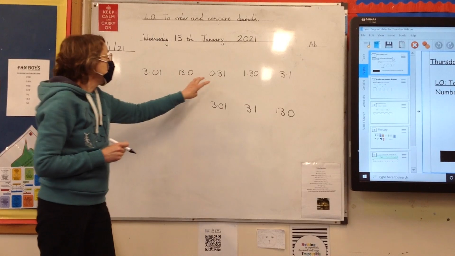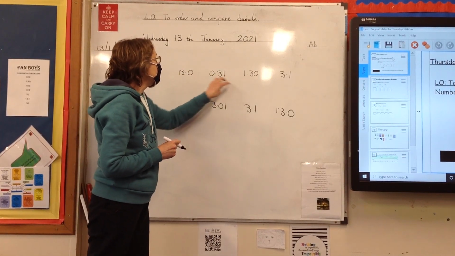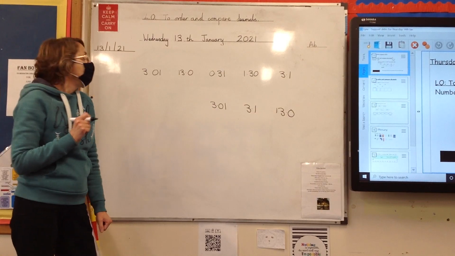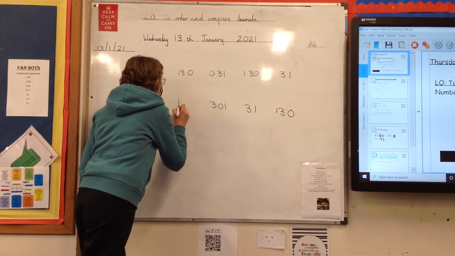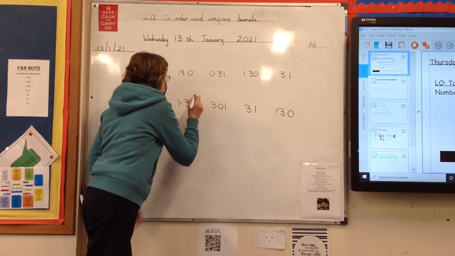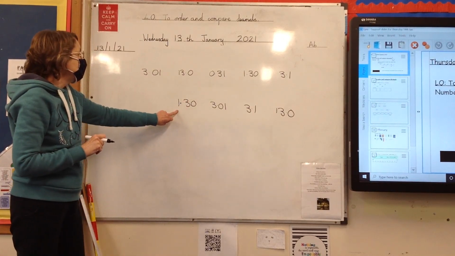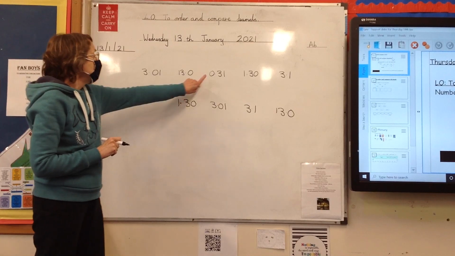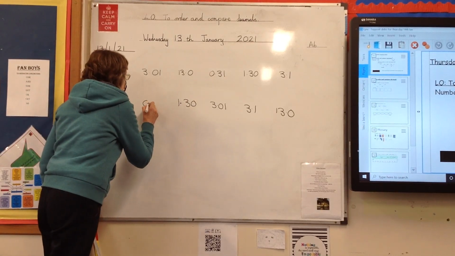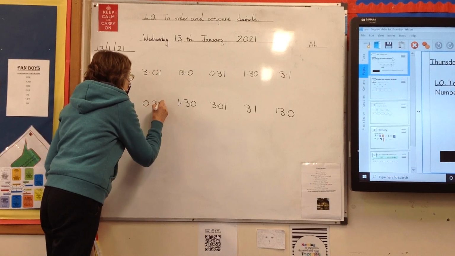So which one of those 2 is going to be the largest? 1.3. Because there's 1 whole one and 3/10. So that 1 whole one makes that much larger than that one which hasn't got any whole ones. So that must be our smallest number.